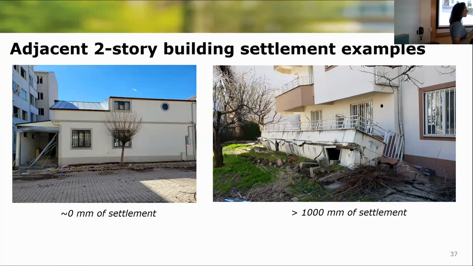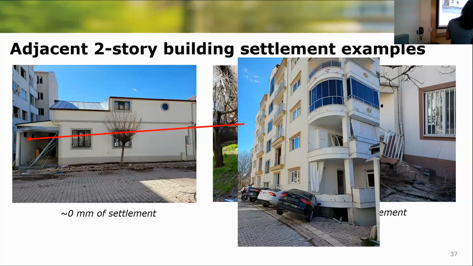So similar buildings, but with very different construction: lightweight wood frame, versus a heavier reinforced concrete structure. And you can see just how much more settlement you had with this building, almost a meter of settlement as it punched into the ground. And right next to this building is another that also performed very poorly, with about a meter of settlement from foundation failure.